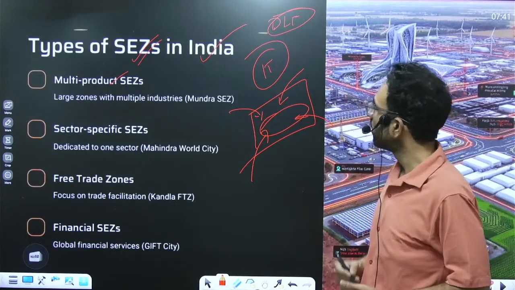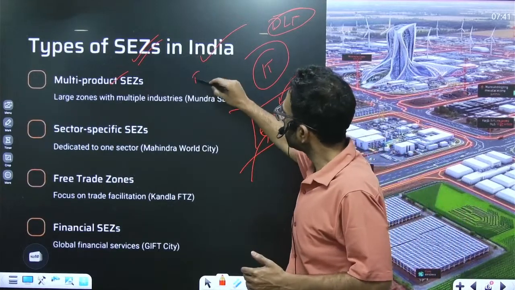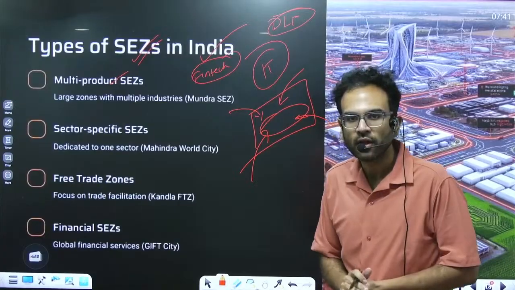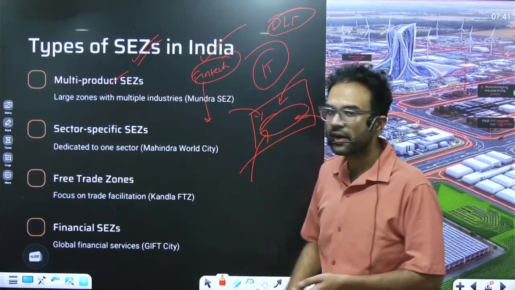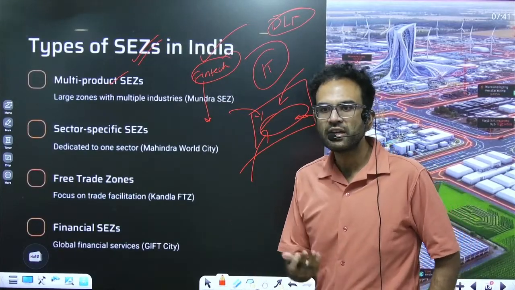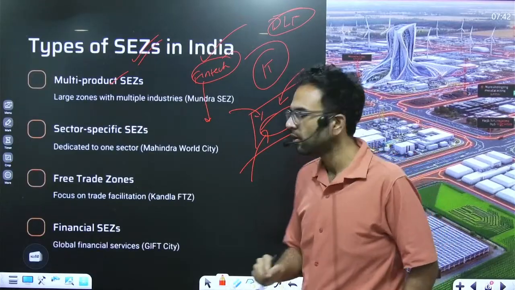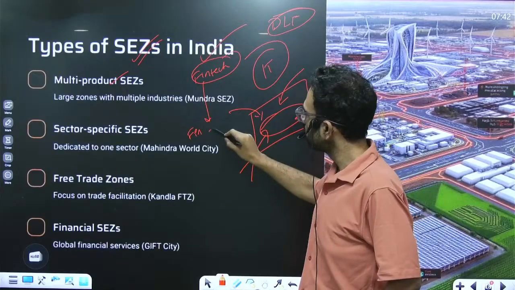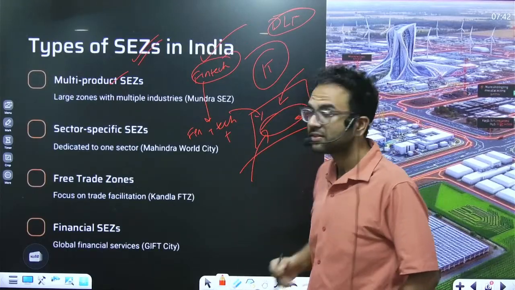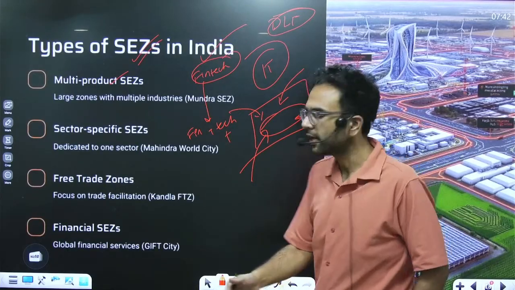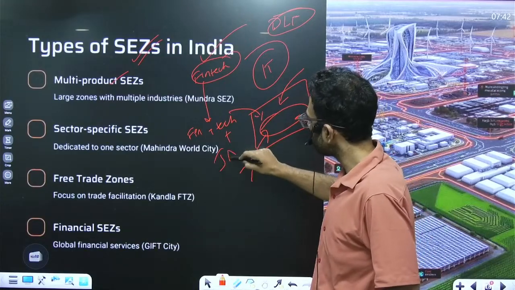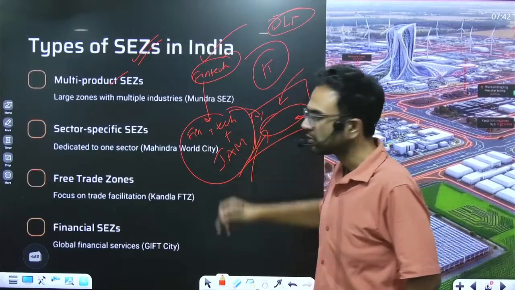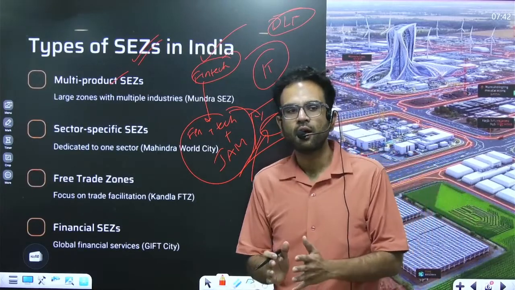For example, if I have to talk about the fintech industry, I would say this is a 3-parent baby. Fintech industry is like a 3-parent baby. How? It is a baby of the finance sector, the technology sector, plus an intervention from the government side, the JAM Trinity, Jandhan Aadhar Mobile.